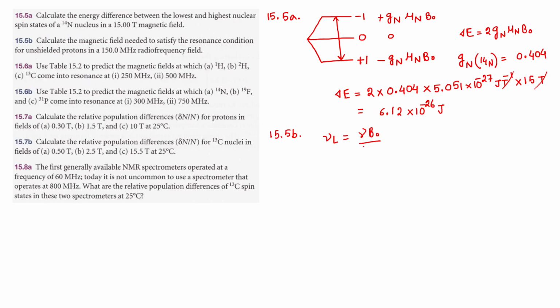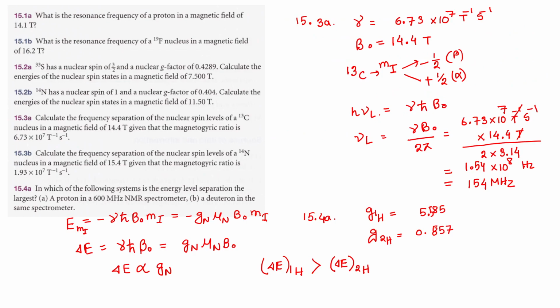So nu L is given, we need to find out what B0 is, and we also would have to know the gamma value. Gamma for proton, I guess it is given in the previous question. Was it given?